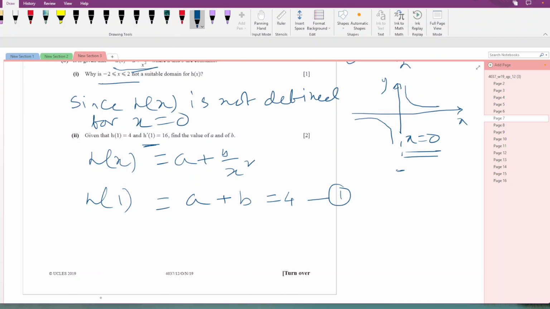Usually we consider this dy by dx, but h prime x is also the same thing. It is Leibniz notation, and dy by dx is Newton notation.